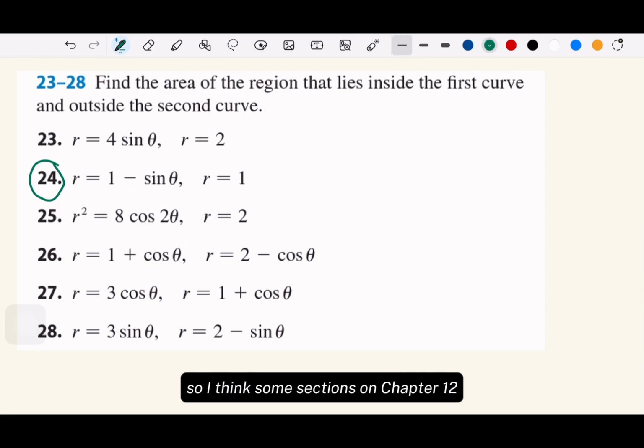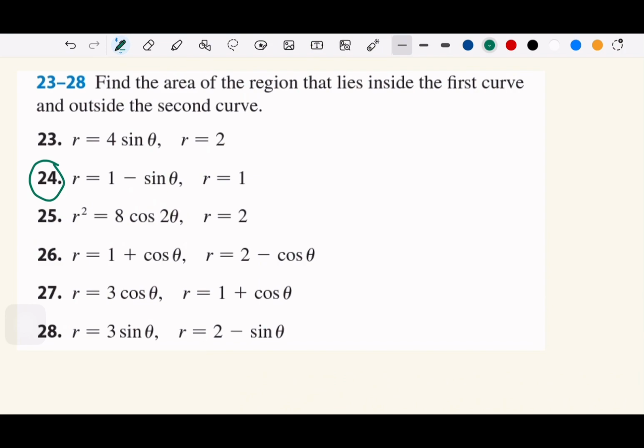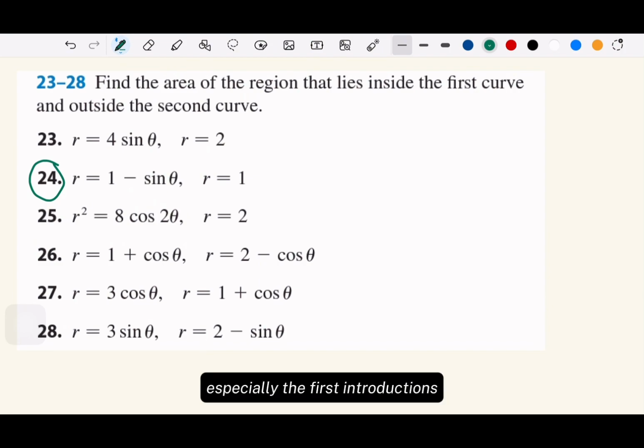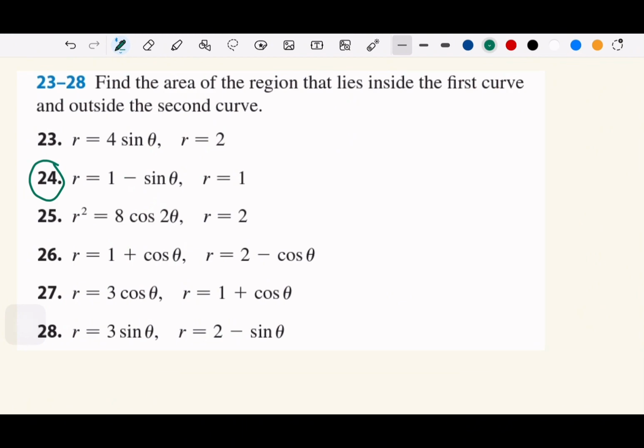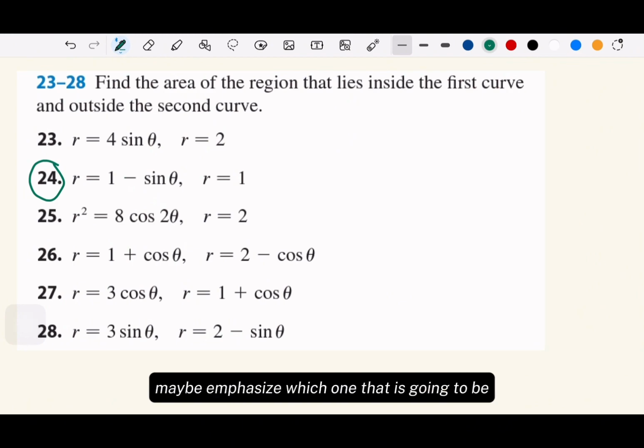I think for some sections of chapter 12, I will give you just a recorded video, because especially the first introductions, I don't need to give you again. You already have more in physics, so I will just do a quick review and emphasize which parts are going to be related to our calculus.